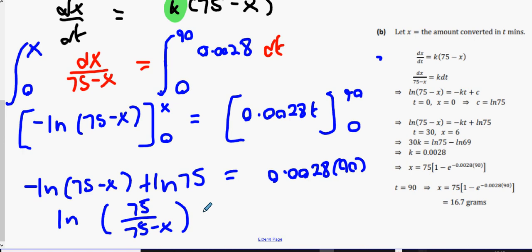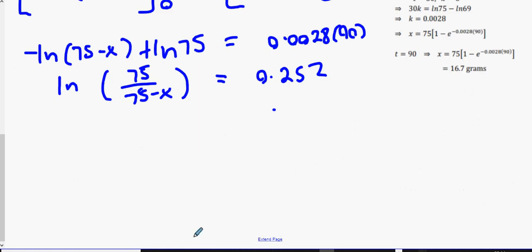They really skip a lot of steps in that marking scheme. What's 90 times 0.0028? 0.252. Yeah, thanks. All right, ln is log base e.